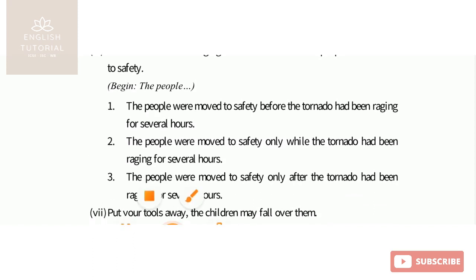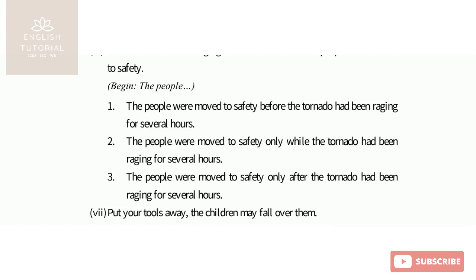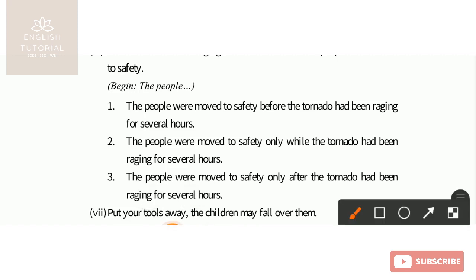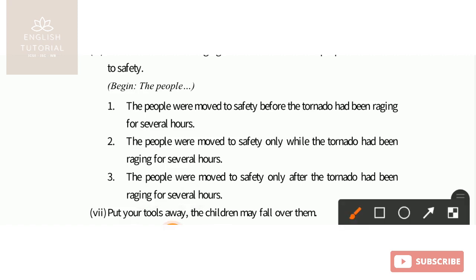Here I need to say one thing. None of the options given seems fully correct. In the sentence, after the tornado had been raging, grammatically after had been means it is still going on, and then people are moved to safety, so it should be had raged.